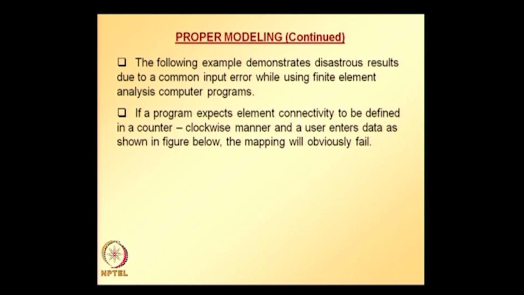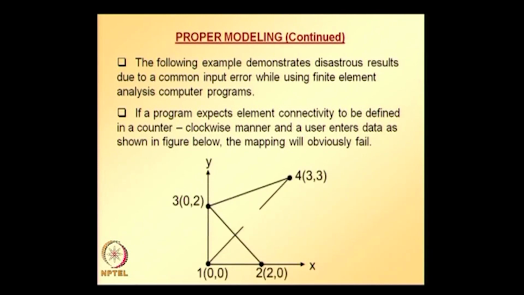If a program expects element connectivity to be defined in a counterclockwise manner and the user enters data as shown in the figure below, mapping will obviously fail. The computer program is expecting the node numbering to be given in a particular direction, that is here counterclockwise, but the user input data is not according to that requirement. So then mapping is going to fail.